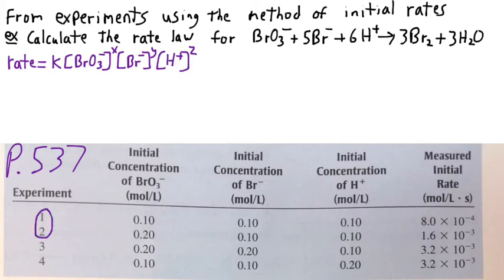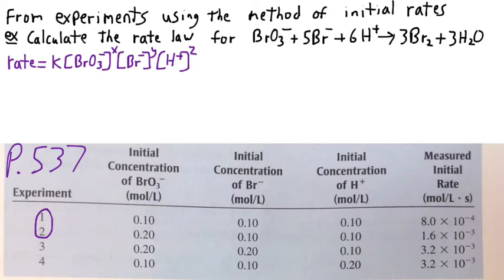So let's look at experiments 1 and 2. In experiments 1 and 2, bromide and H plus are constant and bromate is changing. So we can look at it just qualitatively now, kind of, it's numerically, but like, what's doubling, what's quadrupling, what's going down by a factor of half, that kind of thinking instead of math equations first.